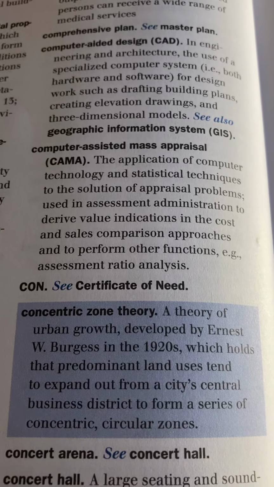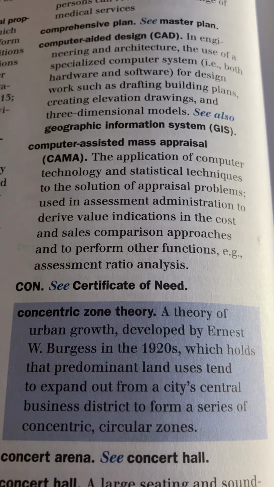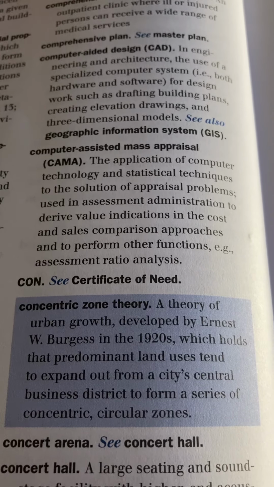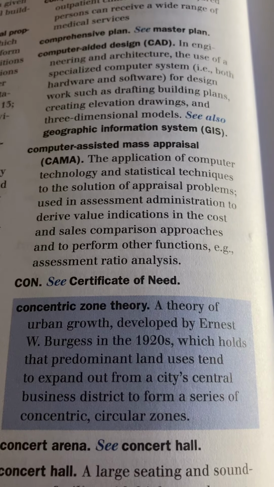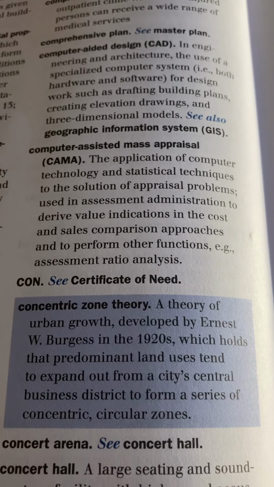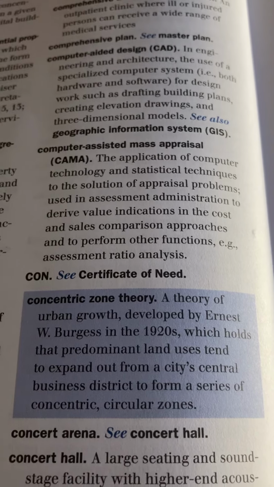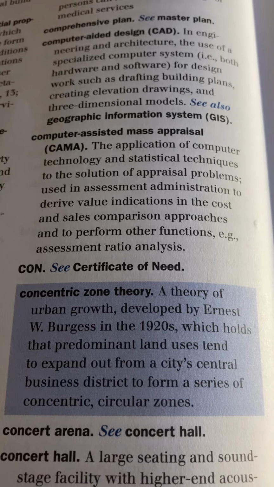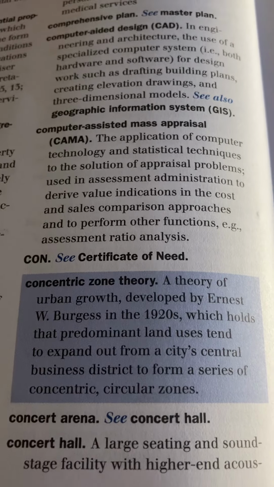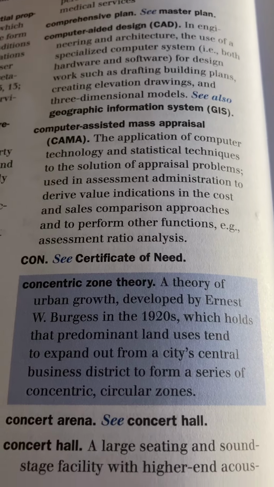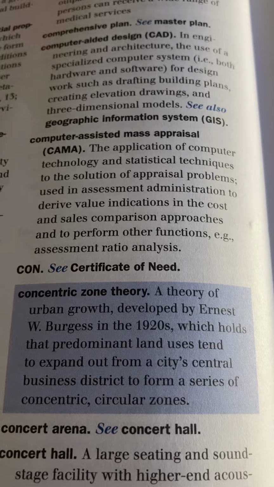Concentric zone theory. A theory of urban growth developed by Ernest W. Burgess in the 1920s, which holds that predominant land uses tend to expand out from a city's central business district to form a series of concentric circular zones.